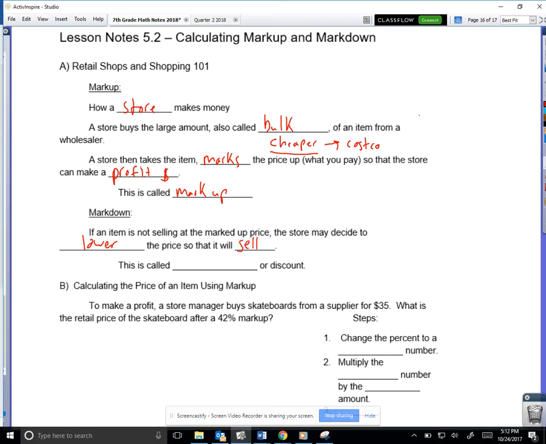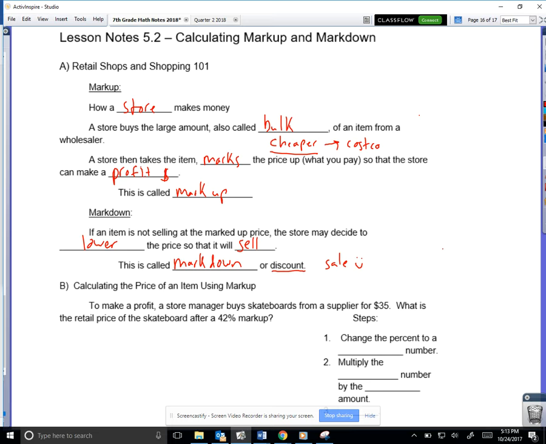This is called a markdown, when they mark down the price. It's also called a discount. And this is what most stores do when they have a sale, because you get stuff for cheaper, so that makes people happy.